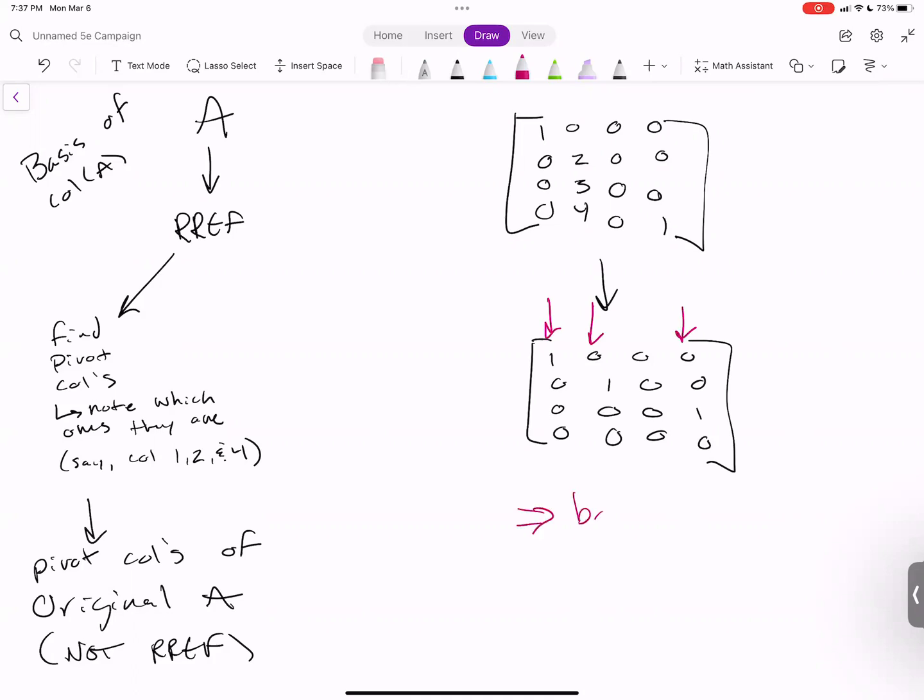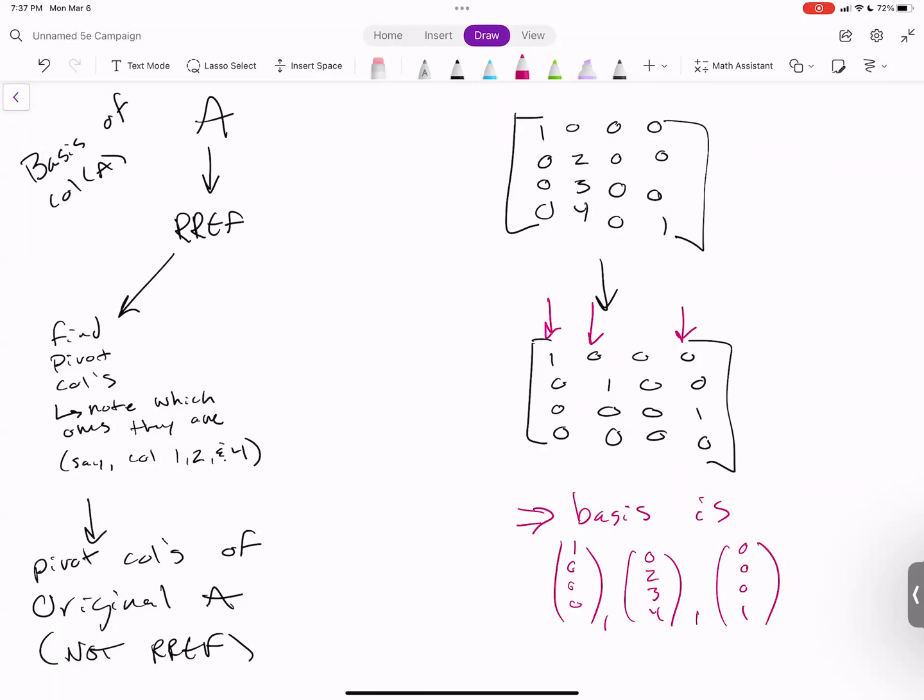Therefore, my basis is 1 0 0 0, comma, 0 2 3 4, and 0 0 0 1. These are those columns. We put it in reduced row echelon form to determine which columns they are, then from here we backtrack to the start. This one is far less work than finding a basis for a null space. You only have to row reduce and be done.